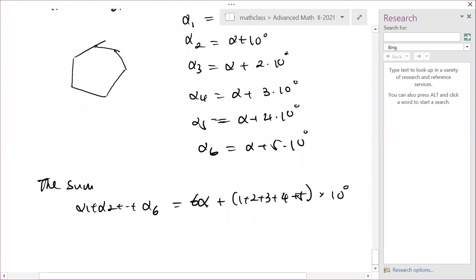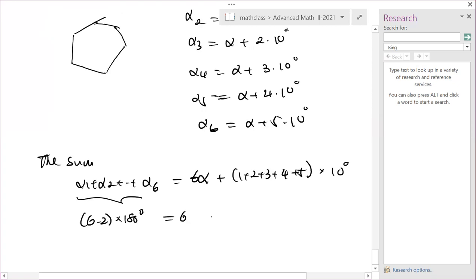We know that the sum of the interior angles is 6 minus 2 times 180 degrees. Here the sum 1 through 5 is 15.